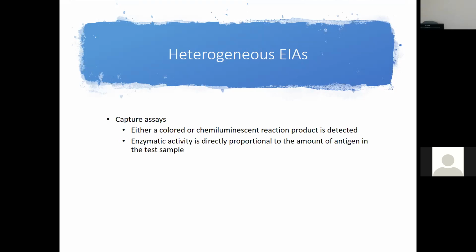So I can change that choice to say it's indirectly proportional, or it's directly proportional to the amount of antibody. So we can change or tweak those names to really try to get you straight, not to confuse you at all, and make sure you know which is which and what each one's doing. Okay? Very important.